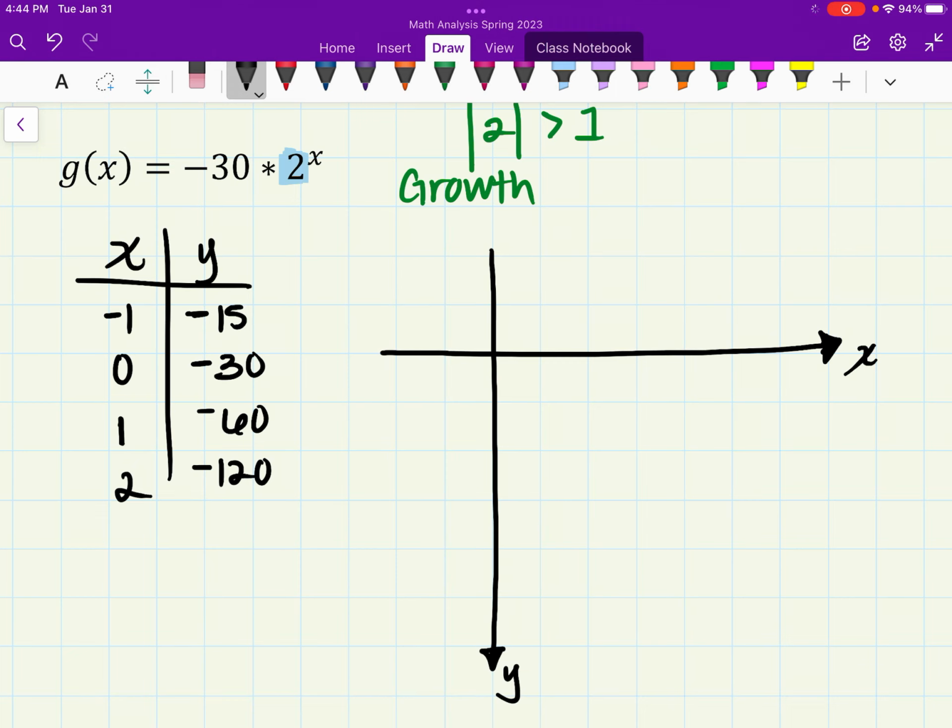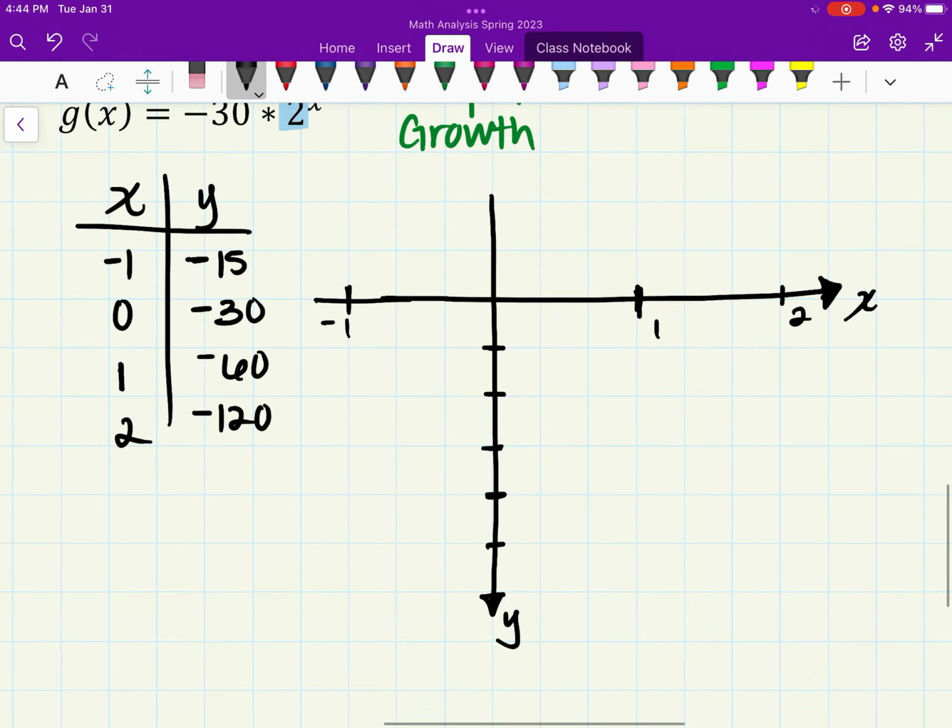All right, so that's x and that's y. And let's say this is a negative 1, that's a 1, and that's a 2.